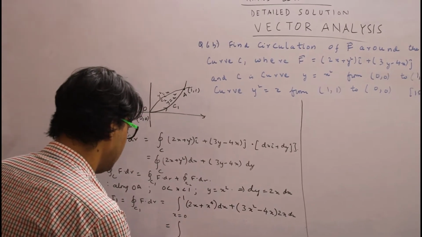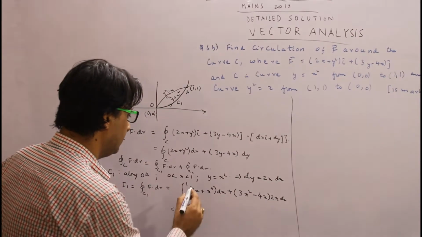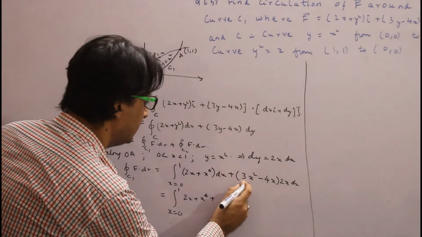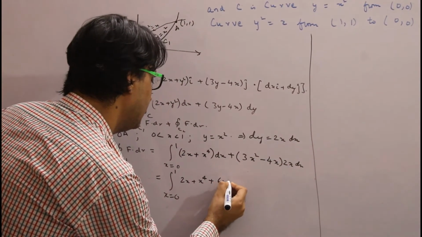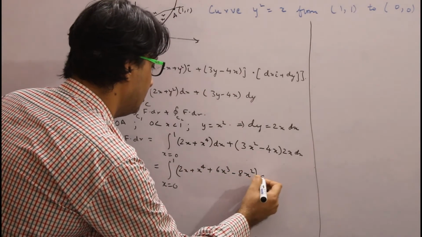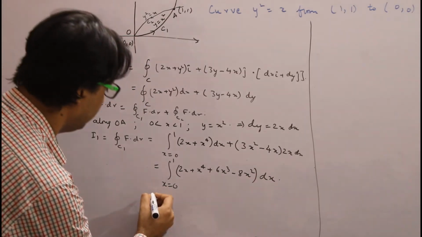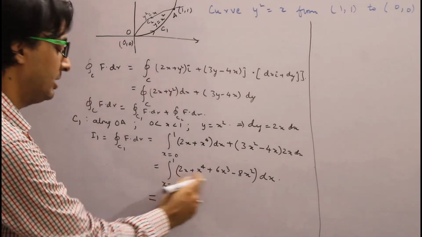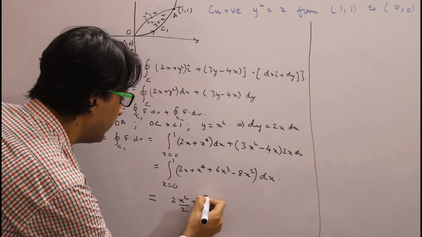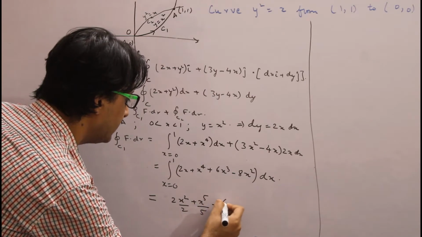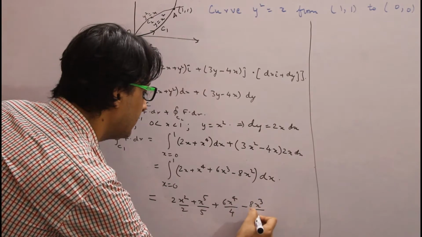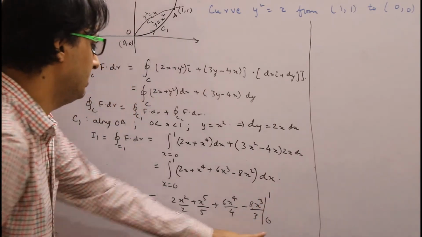Now we will compute this. So x goes from 0 to 1 of (2x plus x to the power 4 plus 3 into 2, that is 6x cube, minus 8x square) dx. We can integrate it now. This is 2 into x square by 2, plus x to the power 5 divided by 5, plus 6x to the power 4 by 4, minus 8x to the power 3 divided by 3, with limits 0 to 1.